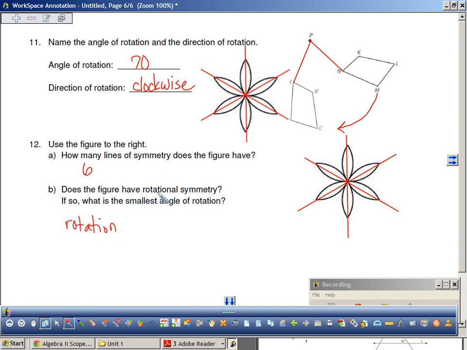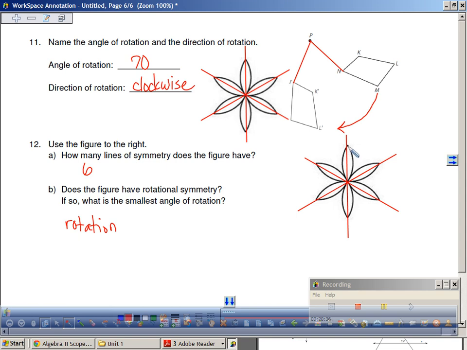How could I figure it out with math? 6 and 360. What do we call these again? Michael, they're vertices. So how many vertices do I have? It's not vertexes, because vertex is singular.